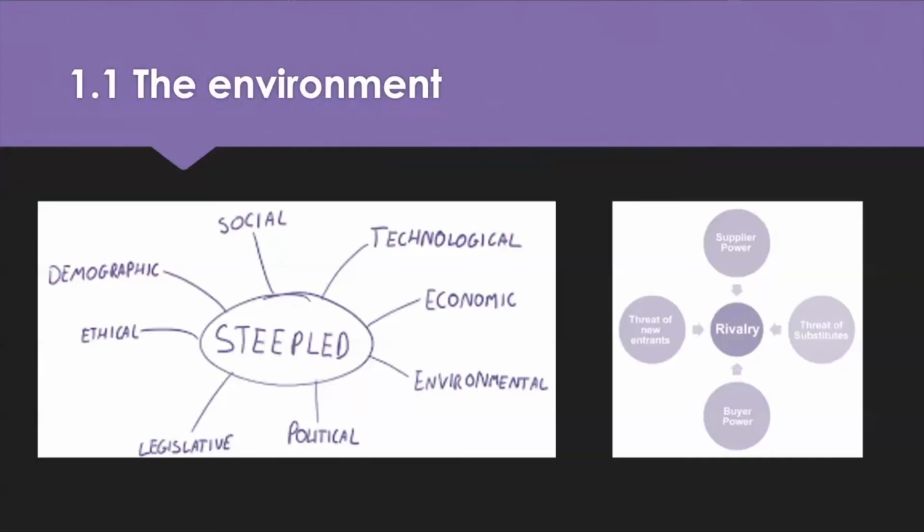But further analysis of the environment was conducted by analysing your industrial environment. This is carried out by Porter's forces. The model considers the 5 forces that influence the competitiveness of an organisation within an industry. So you've got the threat of potential entrants, suppliers' bargaining power, the buyer's bargaining power, and competitive rivalry within the industry.